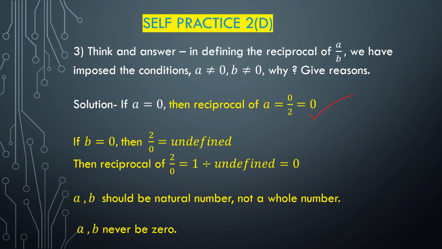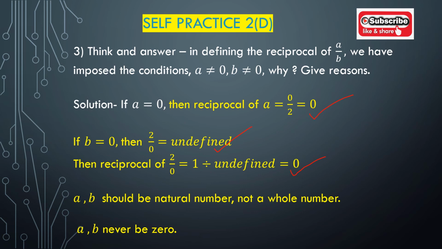Suppose B is 0 and A is 2, A is any number. Then A divided by B is 2 divided by 0. 2 divided by 0 is undefined, that is, not defined. Then the reciprocal of A divided by B will be the reciprocal of undefined, that is 1 divided by undefined, that is 0. So when we take A or B as 0, then the reciprocal of A divided by B is 0.